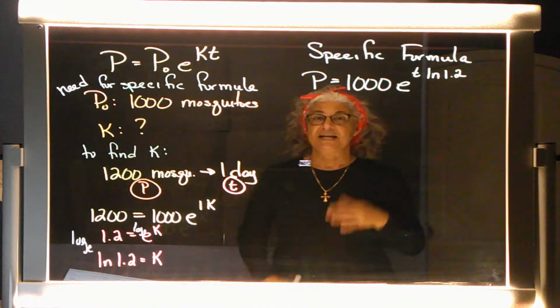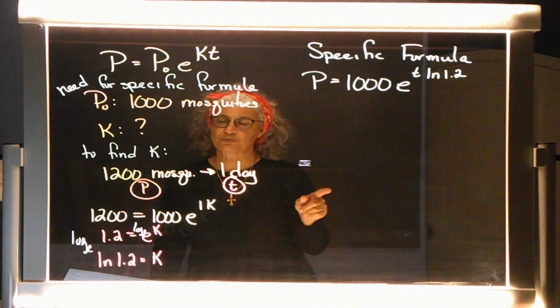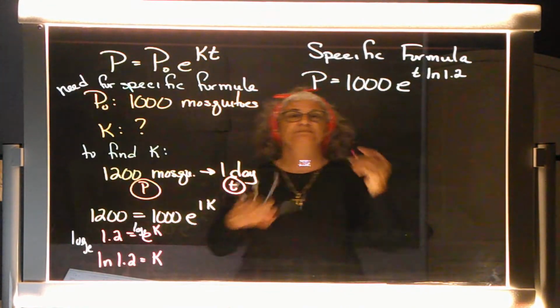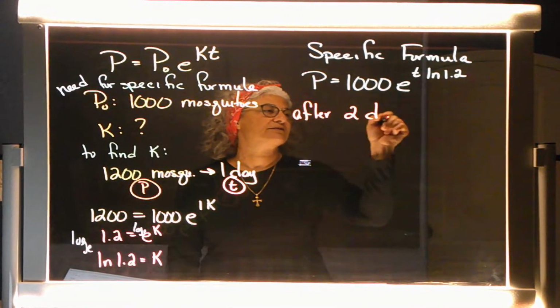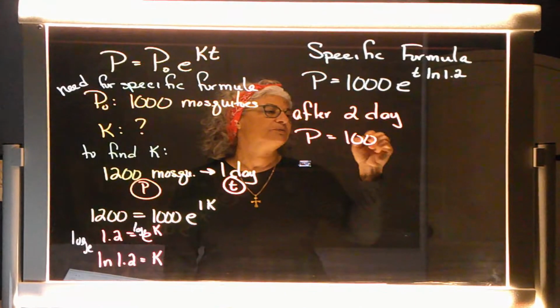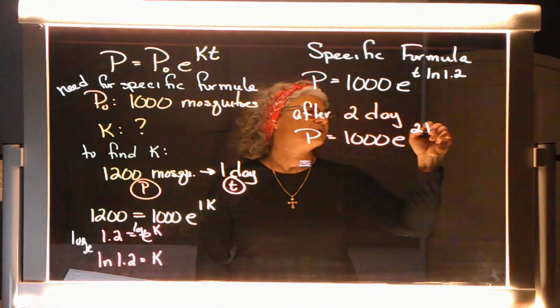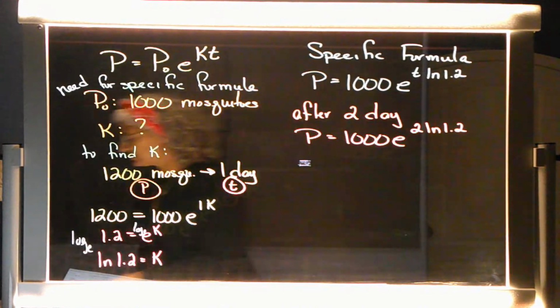And now I can answer any of their questions. Their first question was, what's the size of the colony after 2 days? Well, after 2 days, my formula plugs in 2 for time, right? And you get your calculators out.